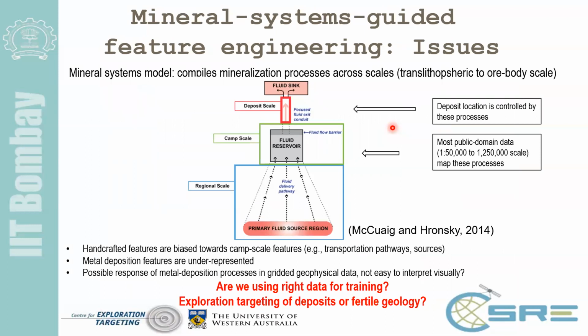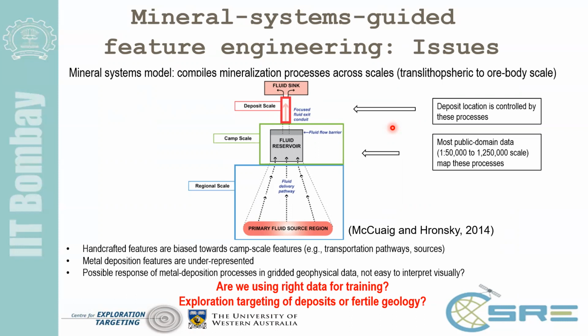So the major issue with this approach, which is theoretically very good because I'm connecting my processes to the data layers that I'm going to use for my modeling, is that most of the data sets that we have are at regional scale. It's not exactly regional scale, but I put it more at camp to district scale, 1 to 50,000 to 1 to 250,000 scale.